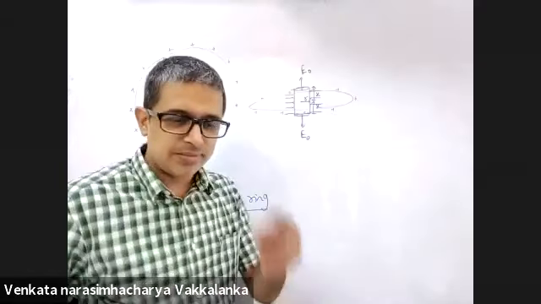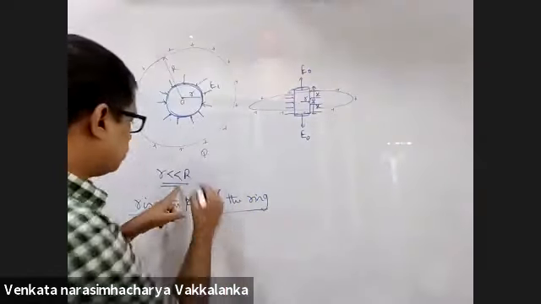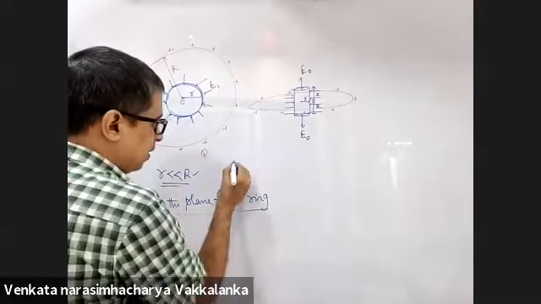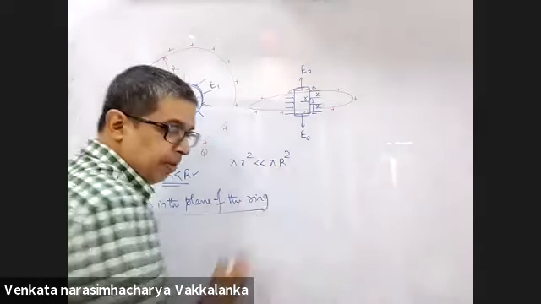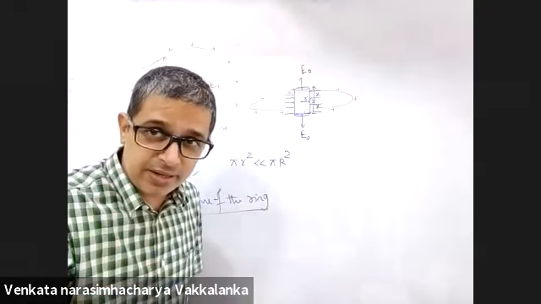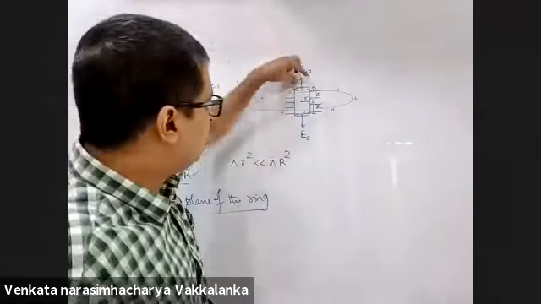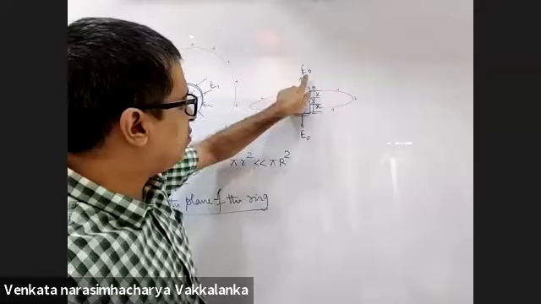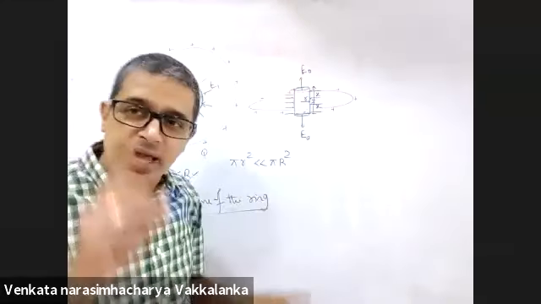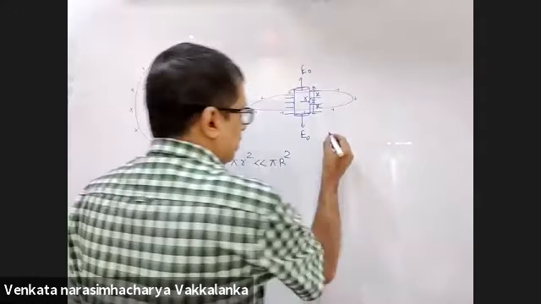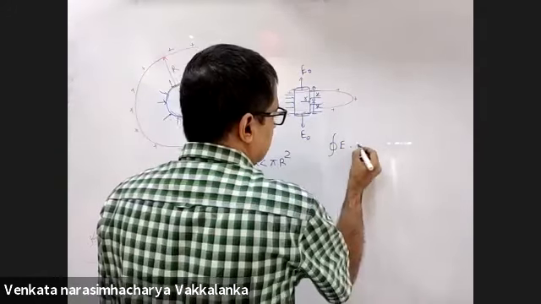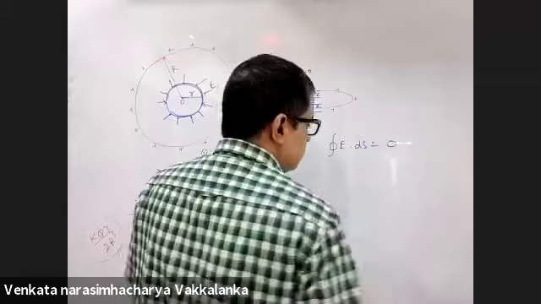He gave you small r is much lesser than capital R. So pi small r square is much lesser than pi capital R square. Agreed? So if this area is very small, effectively I can take E0 to be on the axis. Net total flux E dot ds is 0.